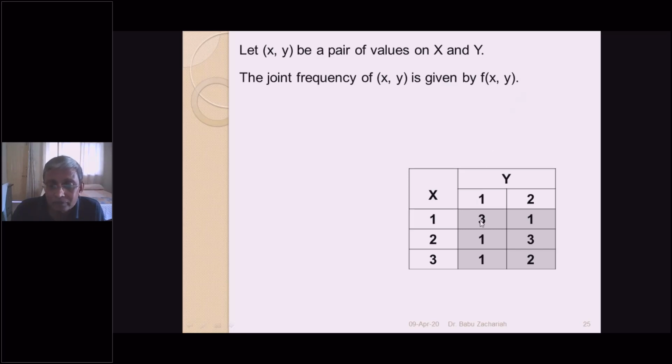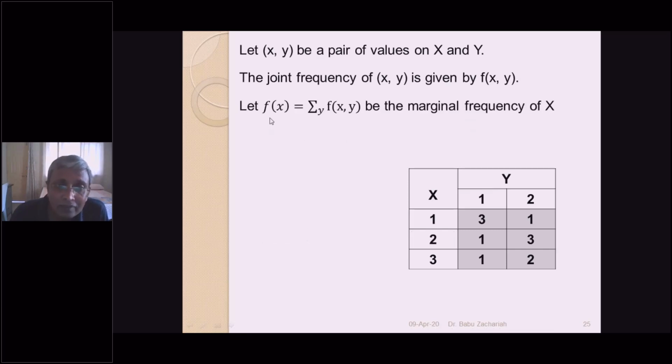For example, this 3 is f of 1, 1. This 1 is f of 1, 2. This 3 is f of 2, 2. This 1 is f of 3, 1. So that is the notation here.